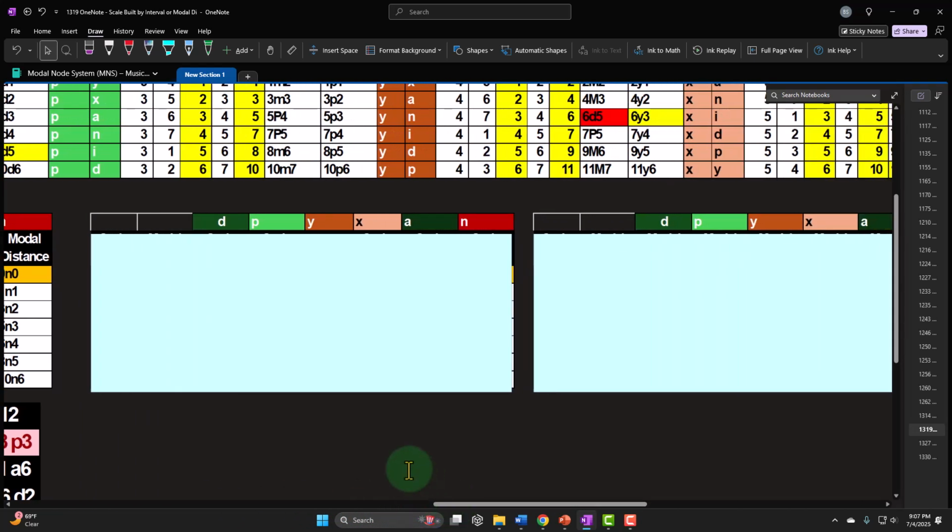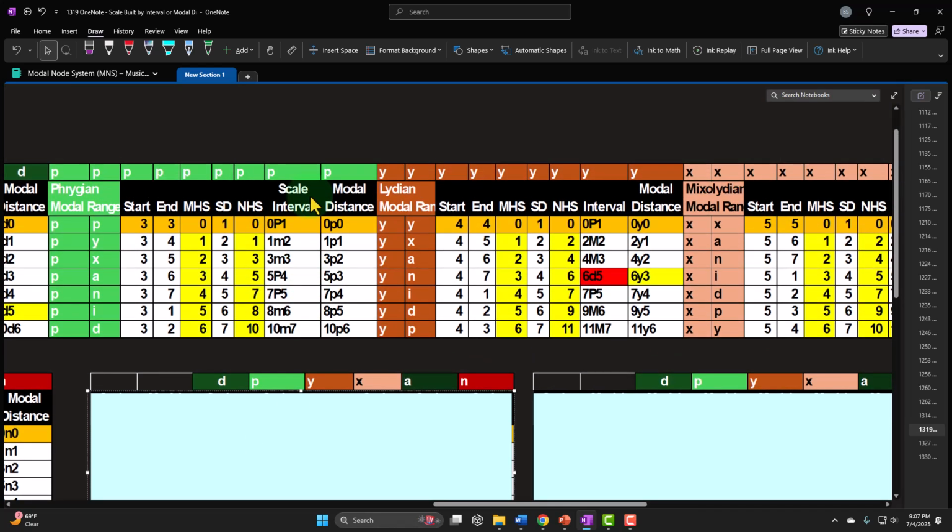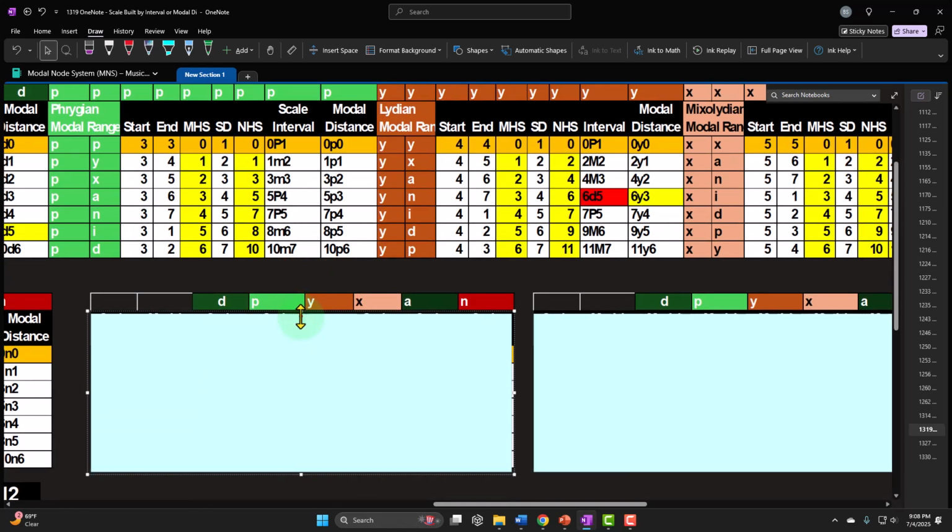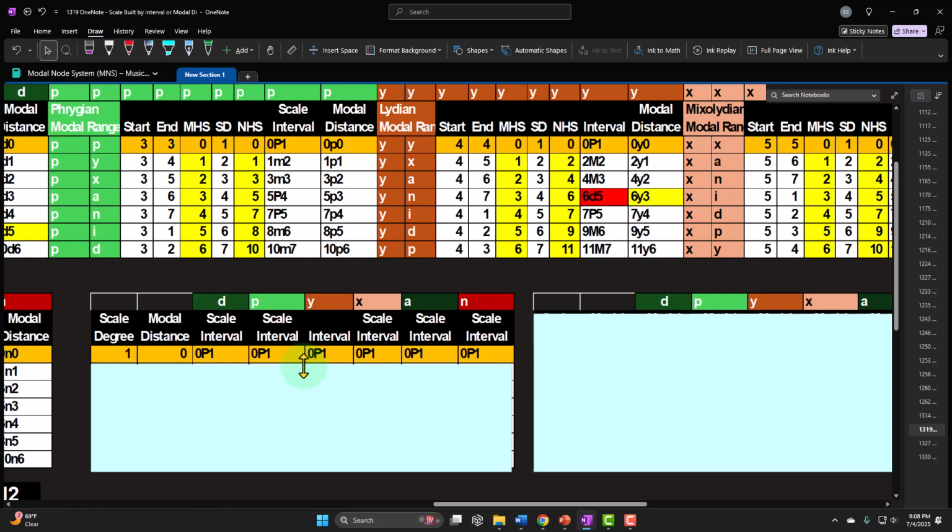Now, if you have this worksheet in Excel, you'll be able to compare these and hide the columns to do whatever you want, so that you can compare the modal ranges, or the scale degrees, or the intervals, by just hiding the columns. But here's just a couple ways you might look at it. You might want to hide the columns and look at the Dorian, the Phrygian, the Lydian, Mixolydian, Aeolian, Locrian, all of them.